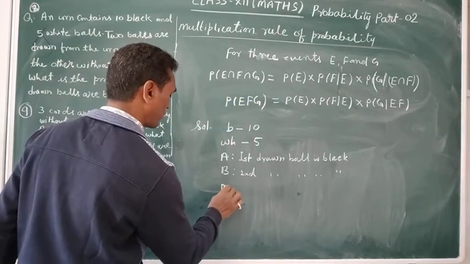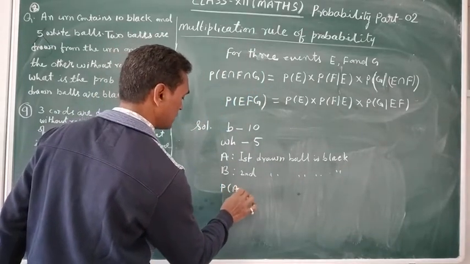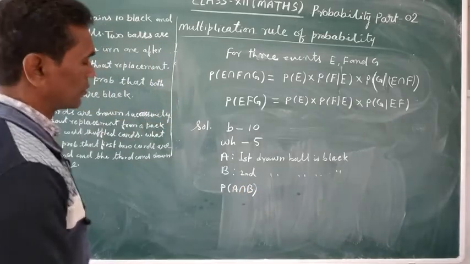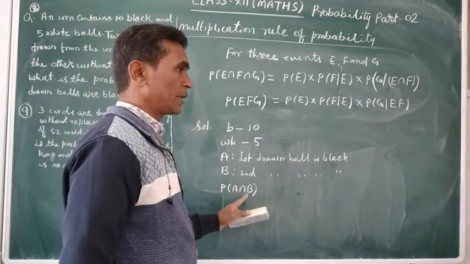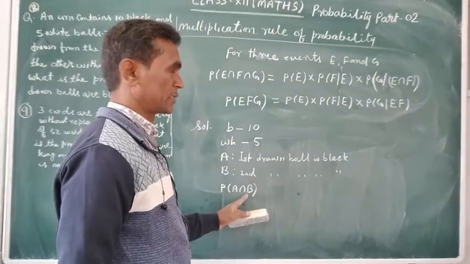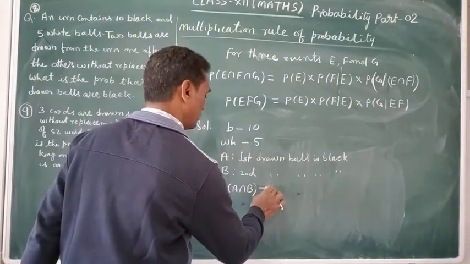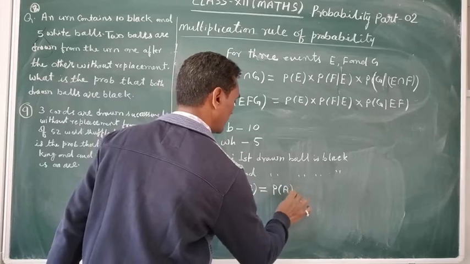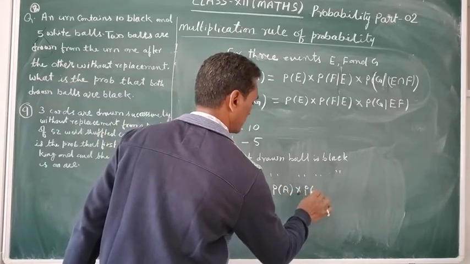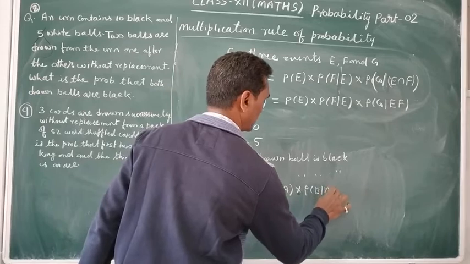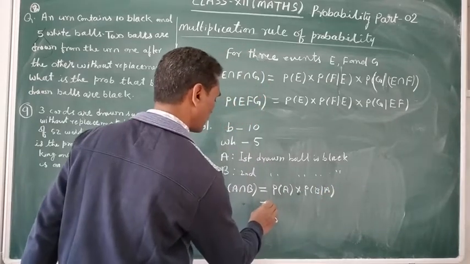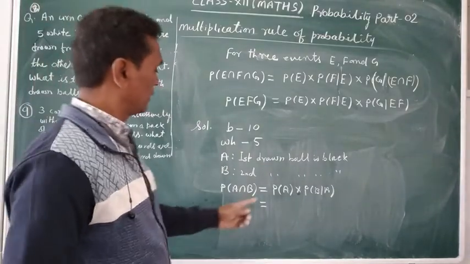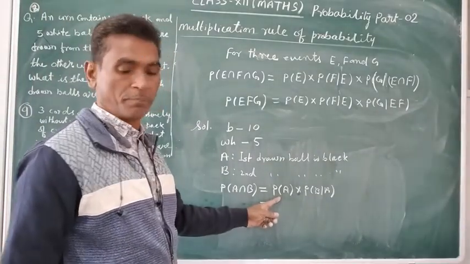Then we have to find the probability of A intersection B, because both events should occur simultaneously. According to the multiplication rule, P(A) into P(B when A has already occurred). Now we have to find P(A), that means the first ball should be black.